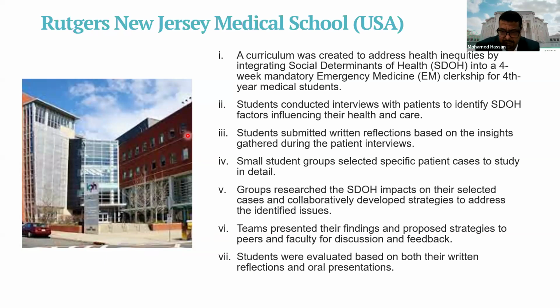Then students submit a written reflection based on the insight gathered during the patient interview. A small student group selects specific patient cases to study in detail, and groups research the impact of social determinants of health on their selected cases and collaboratively develop strategies to address the identified issues.